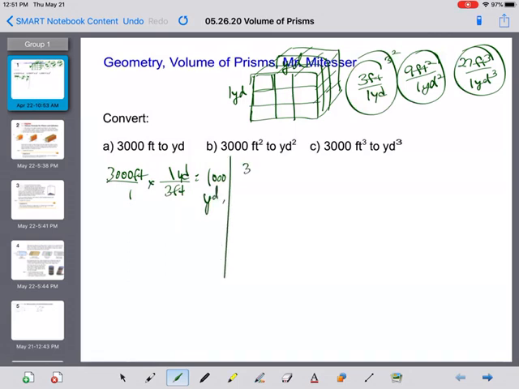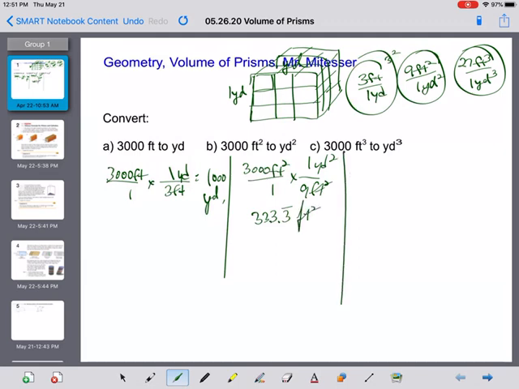Now part B, 3,000 square feet. Well, we just said there's 9 square feet in a square yard. So then we're going to take 3,000 divided by 9, 333.3 repeating square yards.